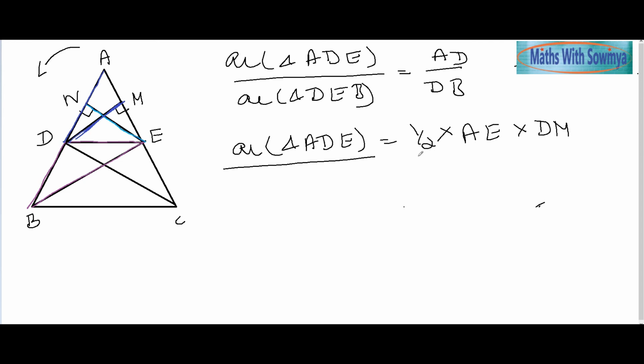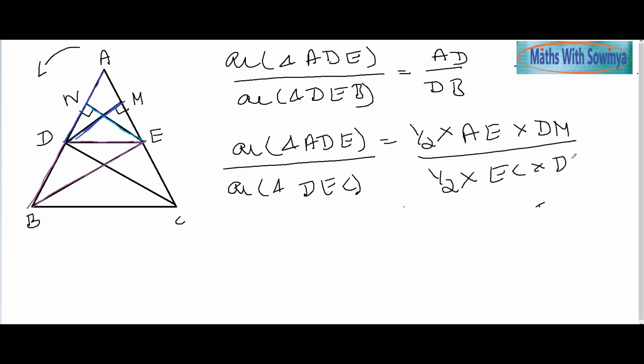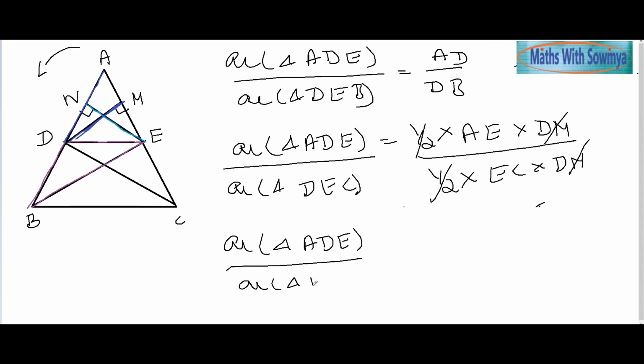Now divided by the area of triangle CED, or DEC, we can take. This will be equal to half into EC into DM again. These two get cancelled and we end up with area of triangle ADE by area of triangle DEC is equal to AE by EC, which is my equation 2.